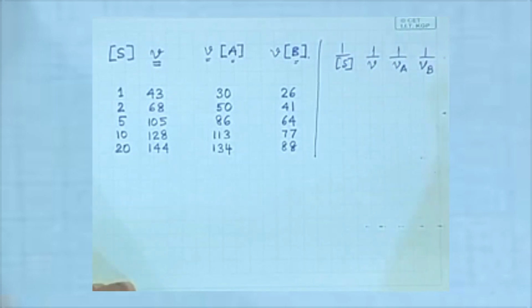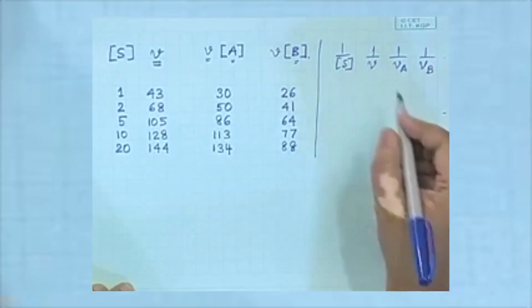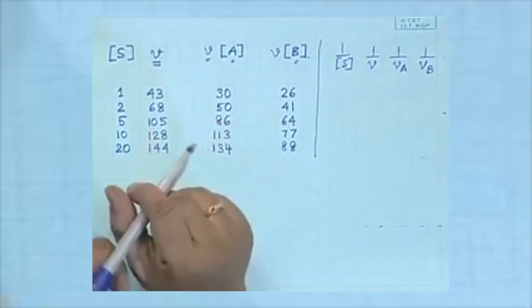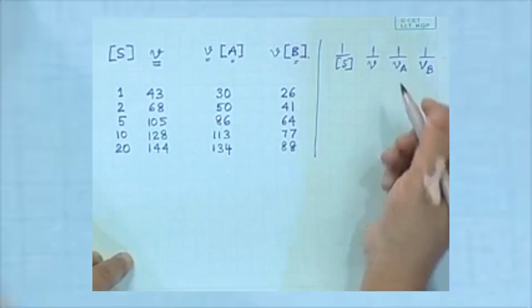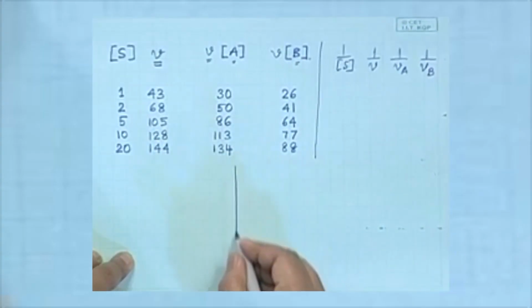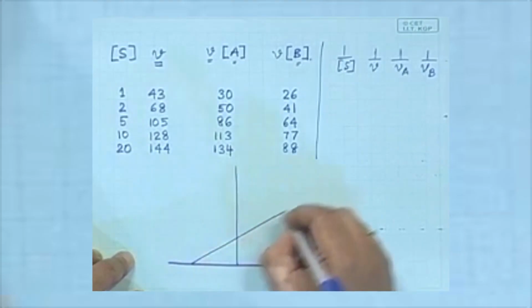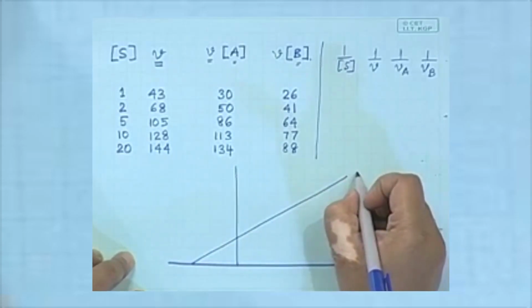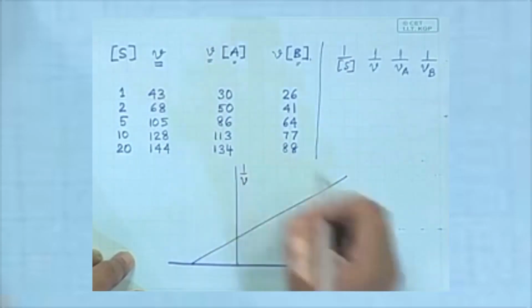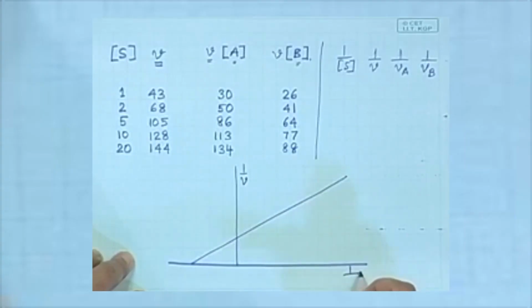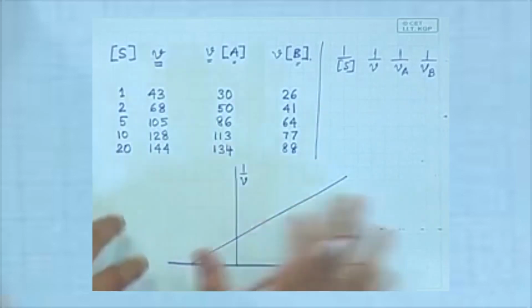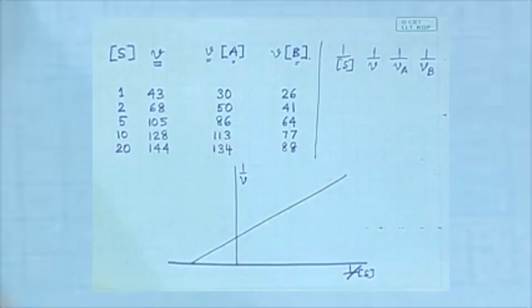Right? So, from this plot then, we can determine what type of inhibition we have. So, I am going to get a plot like this for 1 by S.